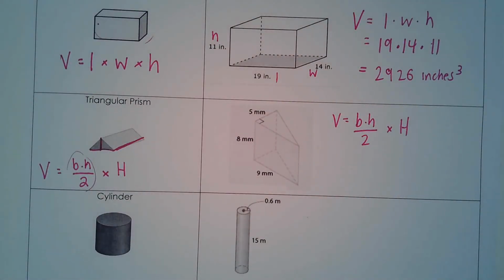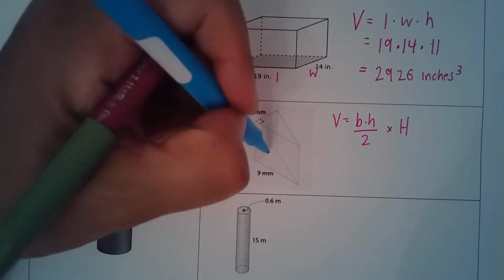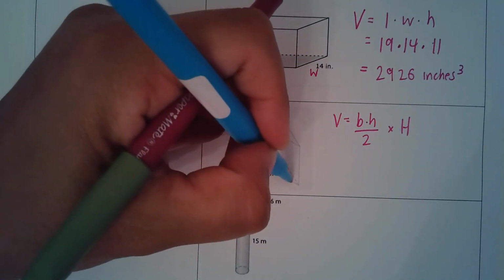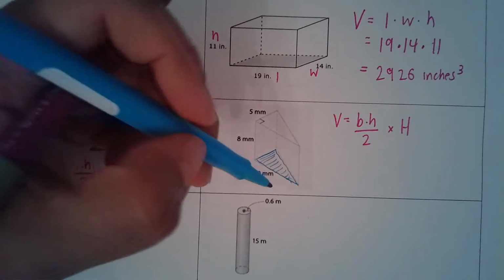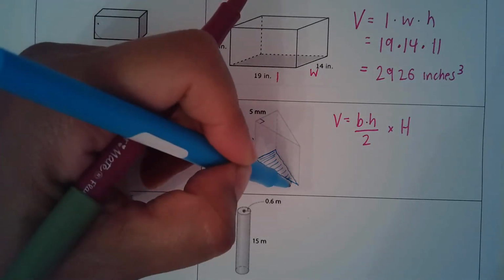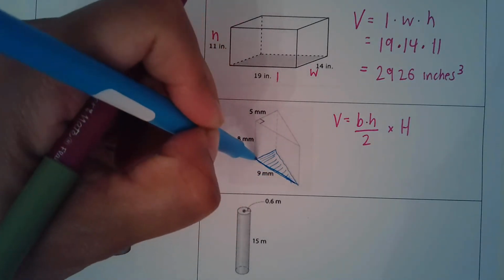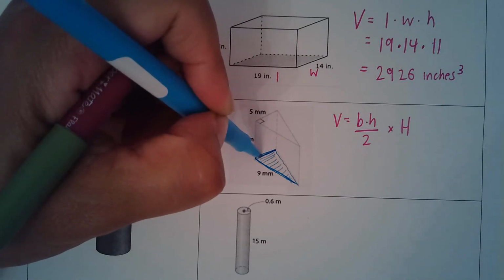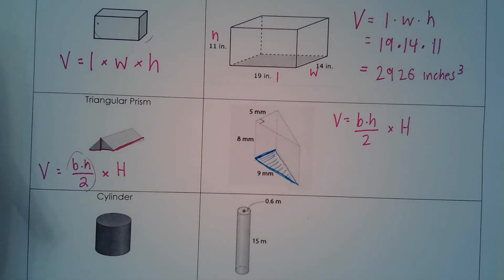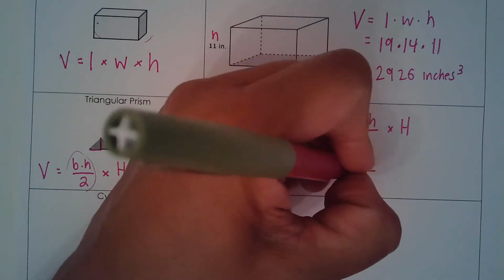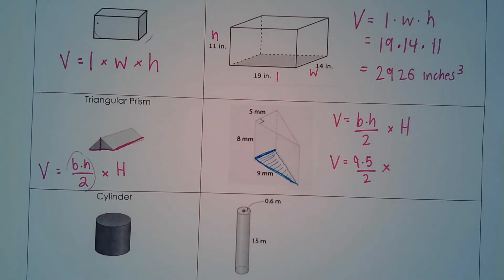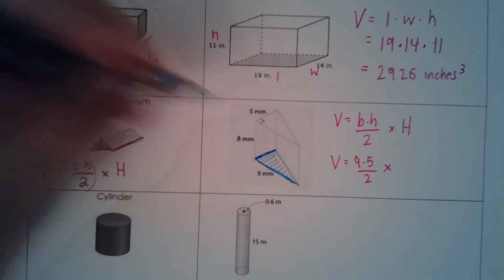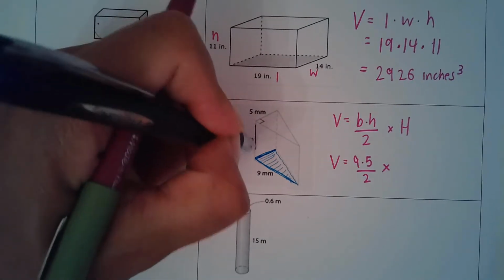So I'm going to just shade in the triangle here. We can see that it has a base of 9 and a height of 5. So volume equals 9 times 5 over 2 times the actual height of the triangular prism itself.